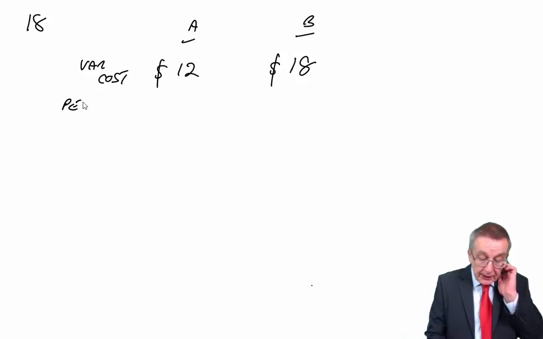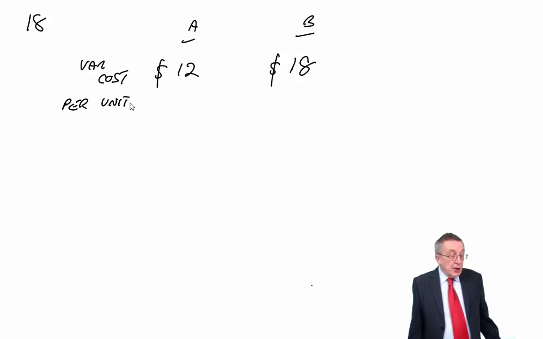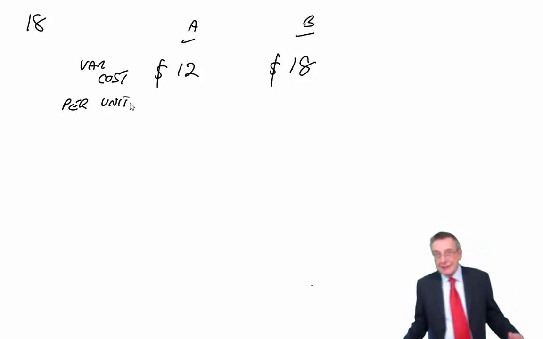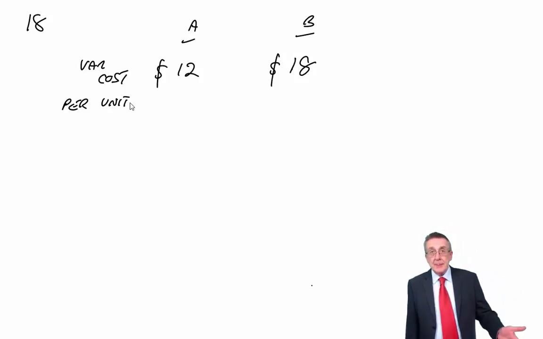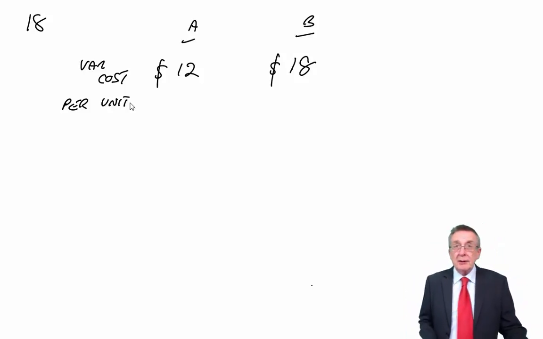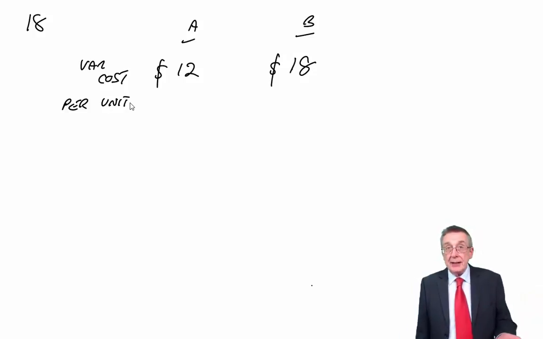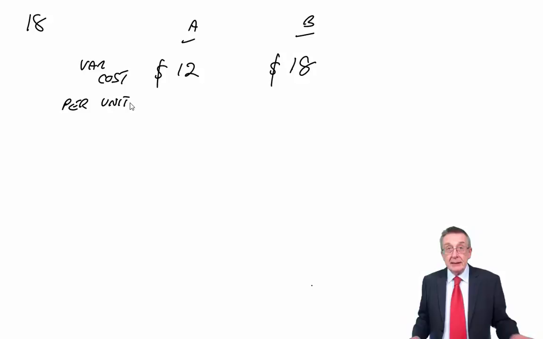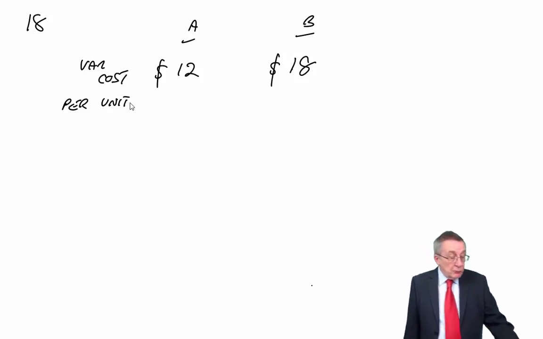The reason we're not interested in the fixed costs is that general fixed overheads, whatever they are in total, presumably we'll have to carry on paying whatever happens. We can charge them to each product any way we want, but I'm making up a figure here. If total fixed overheads are 20,000, well, it's going to be 20,000 whether we buy in or we don't buy in. That's why it's irrelevant.